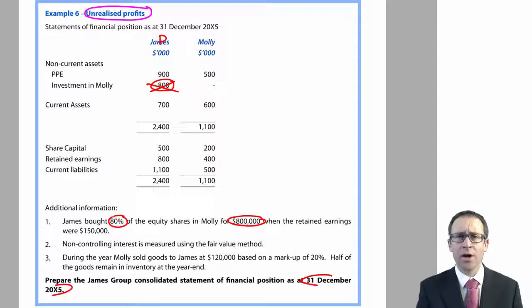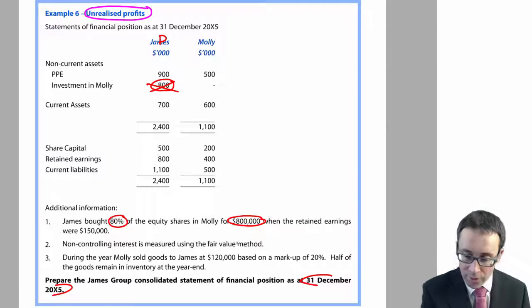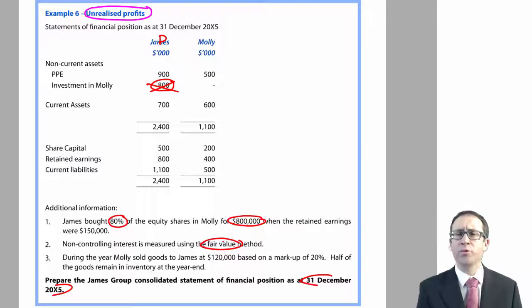It says the retained earnings were 150,000, so that's going to go into our net asset acquisition calculation. Non-controlling interest is measured using the fair value method, of which we're not told the fair value, so we might have to try and estimate what it is. I do think that within your exam you will be told what the fair value is, but just in case here, we're just going to have a play around with it.